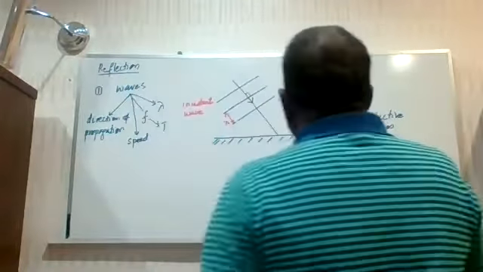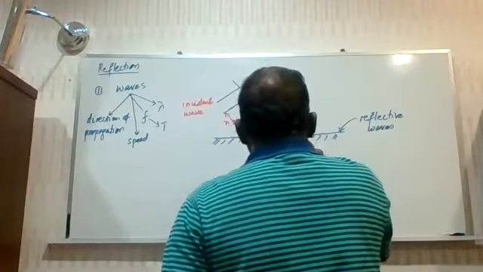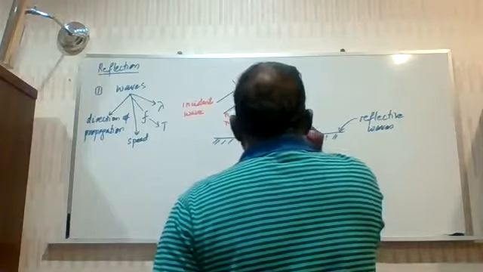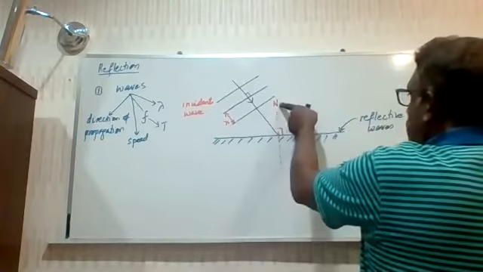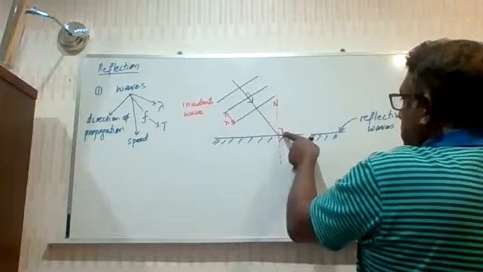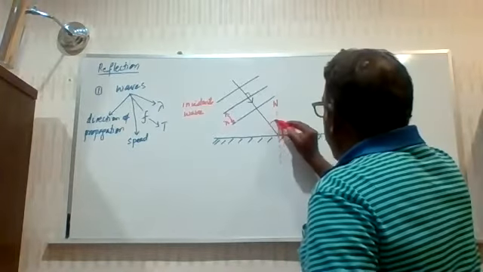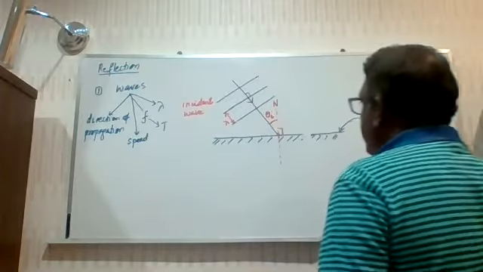So I have to have the normal. That's my normal, and that's 90 degrees. When you put 90 degrees, you don't need to label the normal with a letter. That 90 degrees automatically tells you that's a normal. And that's my angle of incidence, which I label theta i.